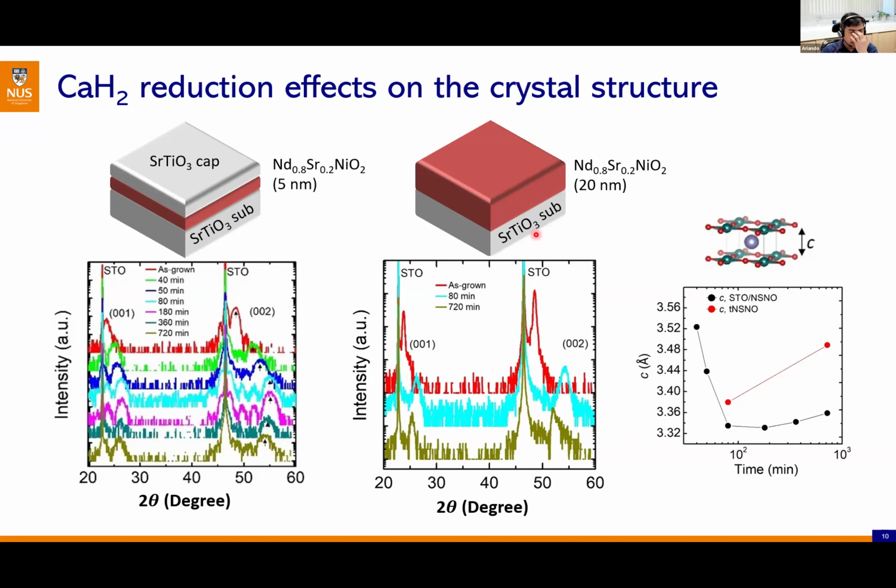On the other hand, the thick NSNO shows much lower quality, and we are sure that the top layer of the system is full of secondary phase or RP stacking faults, and after reductions, likely there is surface reduction in quality and absorption of some oxygens.